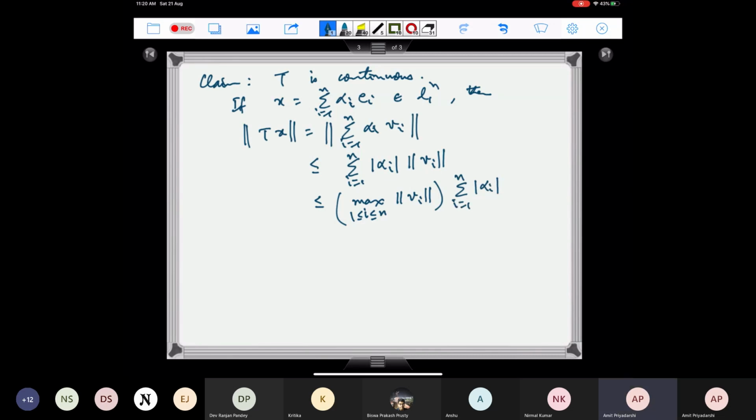But summation mod alpha i is nothing but the norm of this vector x in L1n, so this is equal to norm x1. So norm of Tx is less than or equal to some constant times norm of x. So this implies T is bounded.